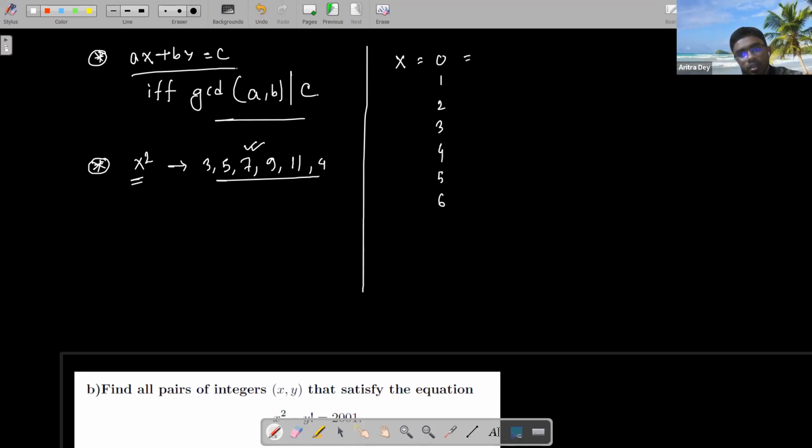Now we take the square of each number: 0 square, 1 square, 2 square, 3 square, 4 square, 5 square, and 6 square.